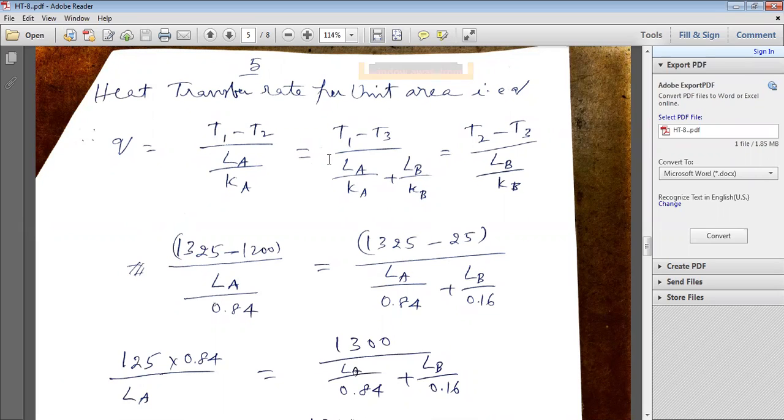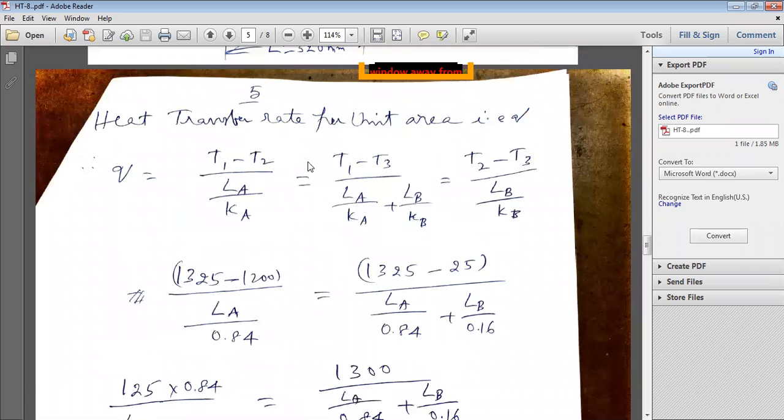You can take any of the equations. I am taking this one: T1 minus T2 divided by LA by KA is equal to T1 minus T3 divided by LA by KA plus LB by KB.